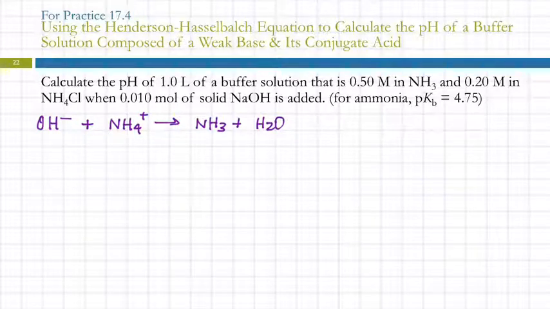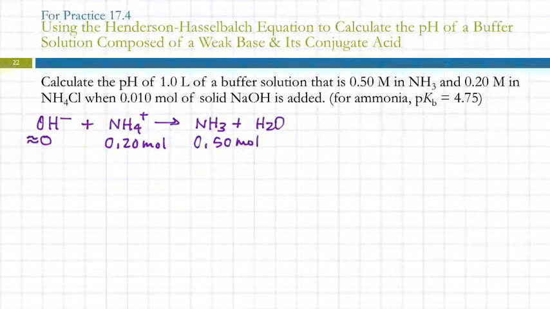So before we add anything, here we need to look at moles. So we're going to have 0 moles of hydroxide, approximately. We've got 1 liter of this solution. We've got 0.20 moles of the ammonium ion, and we have 0.5 moles of ammonia. And then we're adding 0.010 moles of hydroxide ion.